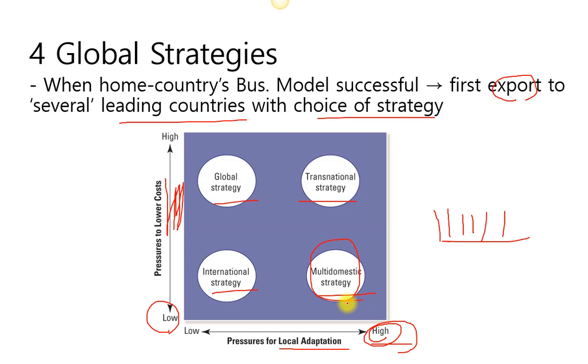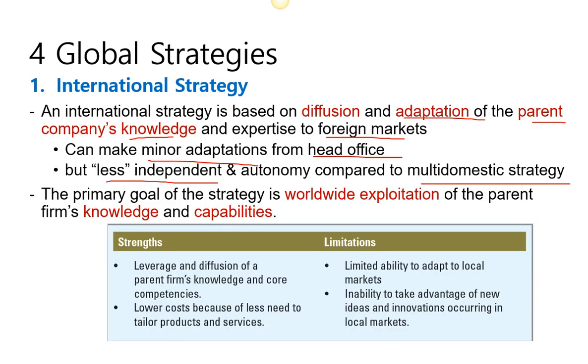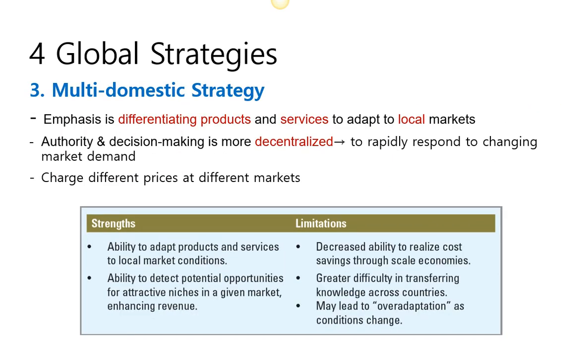Multi-domestic strategy is when, maybe I've shown you that, you don't really have to go as your parent company. It's more decentralized. So all the decision making and authority is very decentralized from the parent company. And you emphasize differentiating the products or services to adapt to local markets.